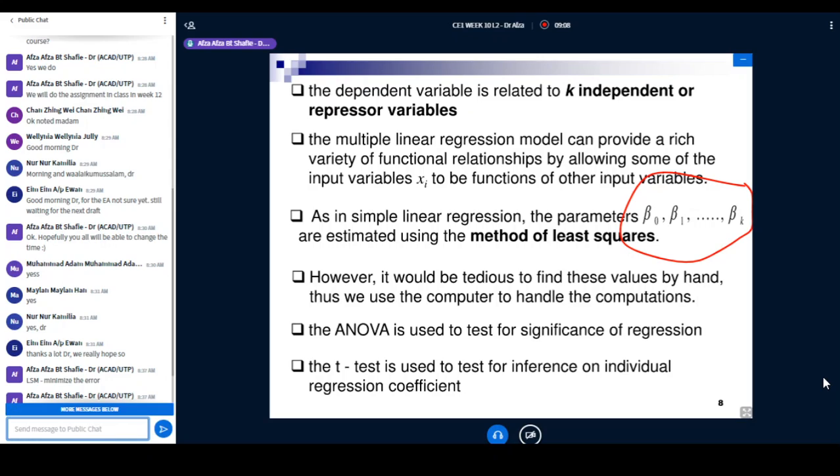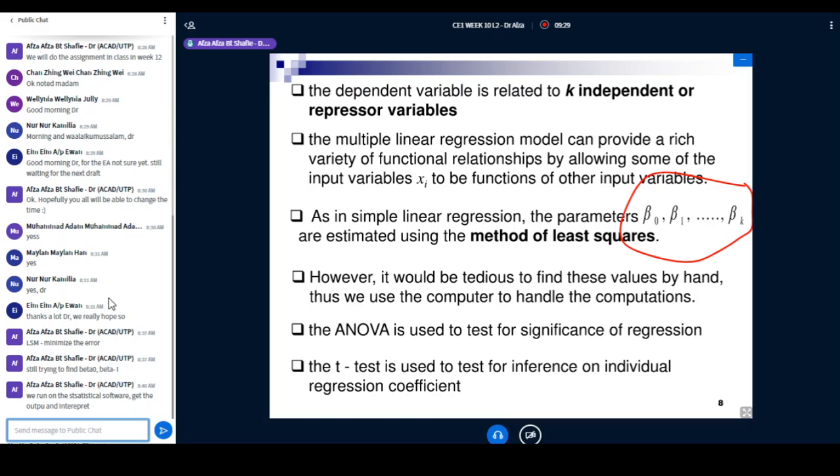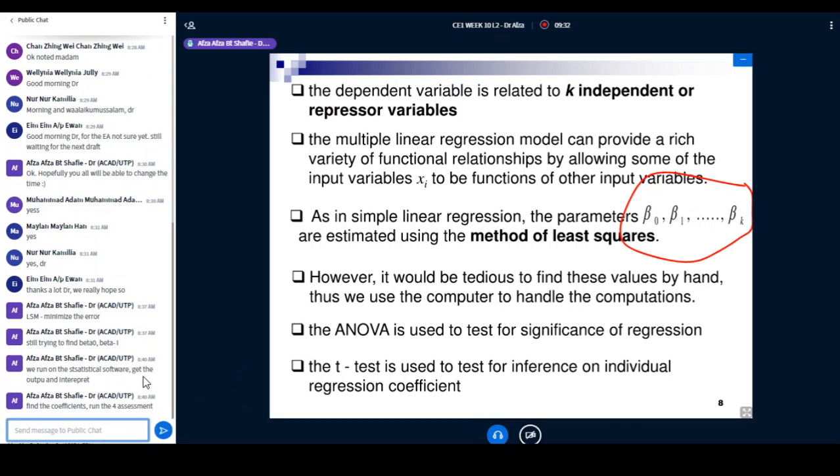So interpretation is still the same. Find the coefficients, run the assessment, the 4 assessments that we did in the last lecture for the simple linear regression, and only then we use the model.